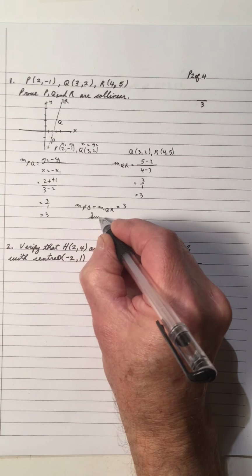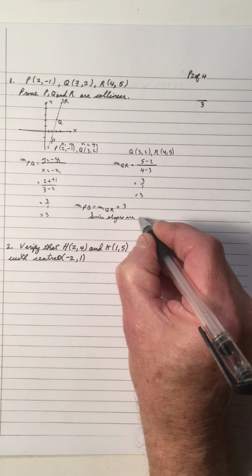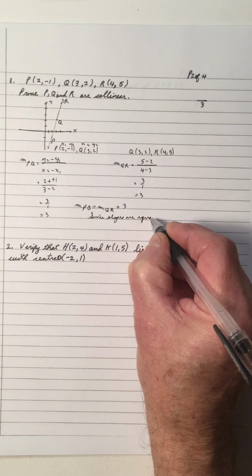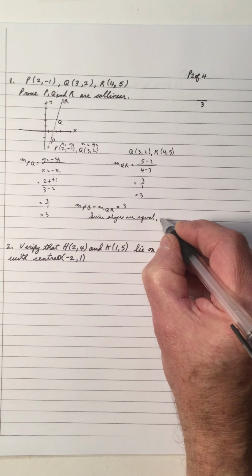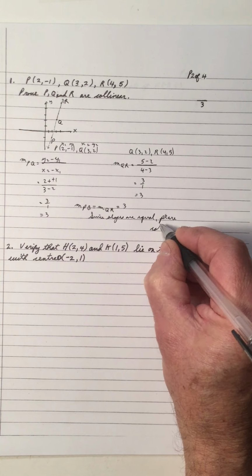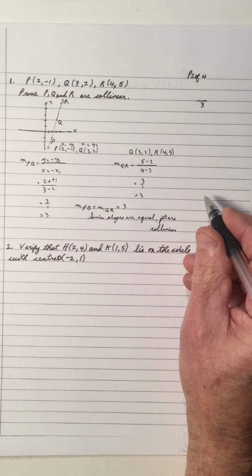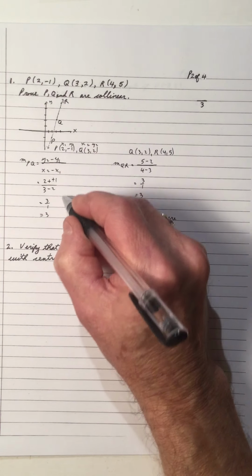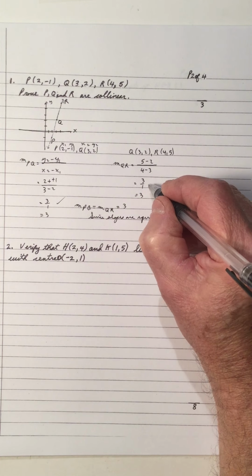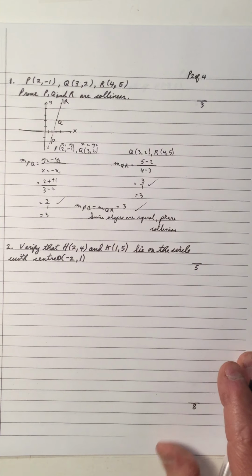And since the slopes are equal, the points are collinear. And if you picked up this slope, a mark. If you picked up this slope, a mark. If you made this statement, you get a mark, so that's 3 total.